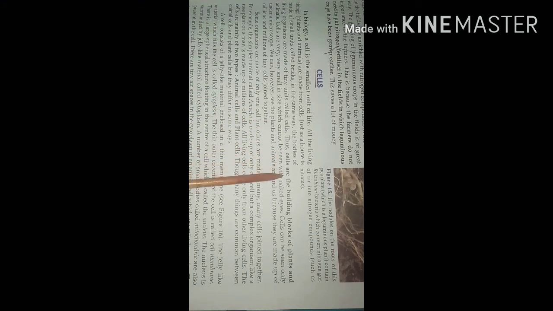Thus, cells are the building blocks of plants and animals. Cells are very small in size and cannot be seen with the naked eye. We are not able to see our cells with the naked eye. Cells can be seen under a microscope only.